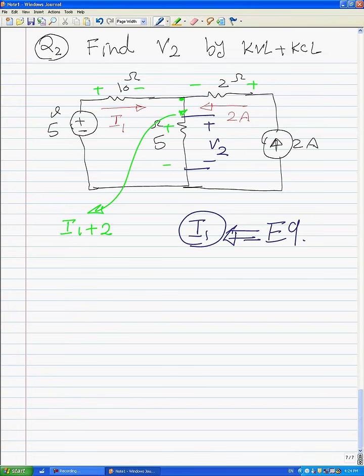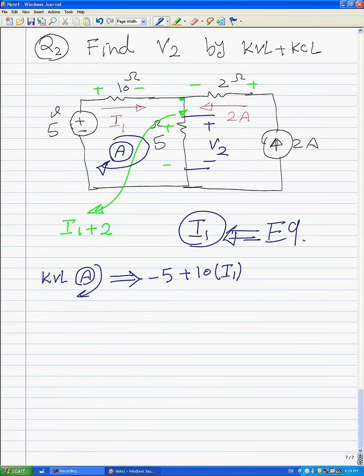For this reason, we only need to apply KVL in this loop, for example, loop A. KVL in loop A says minus 5 plus 10 times I1 plus 5 times (I1 plus 2) is equal to 0.